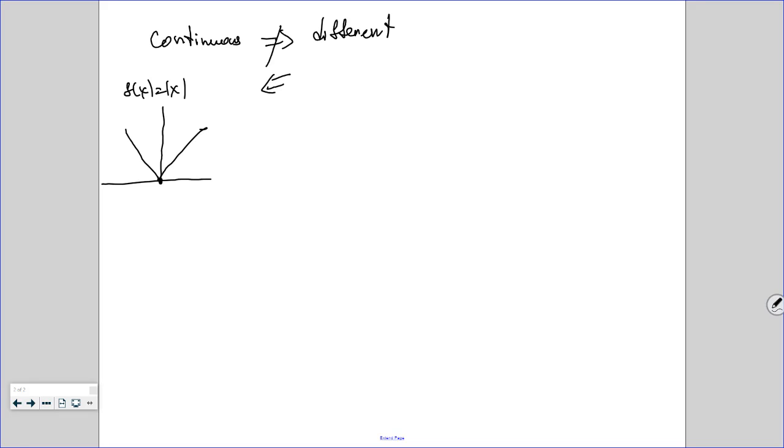Now we can prove the theorem which says, suppose f is defined in a neighborhood I of x0.